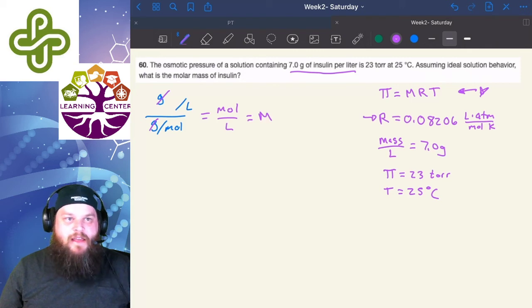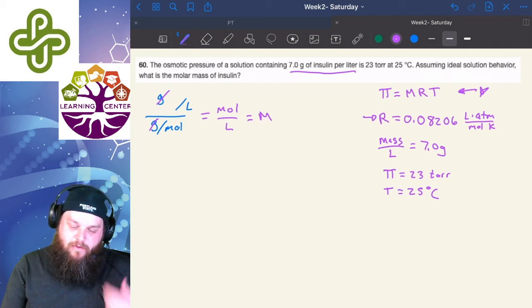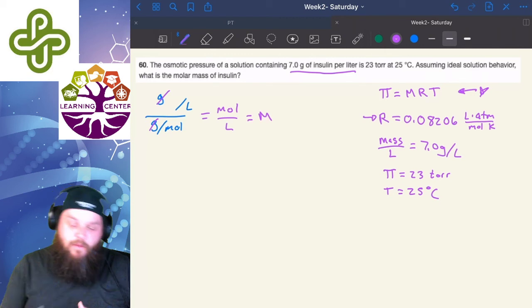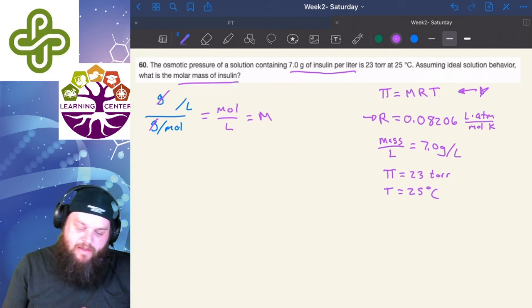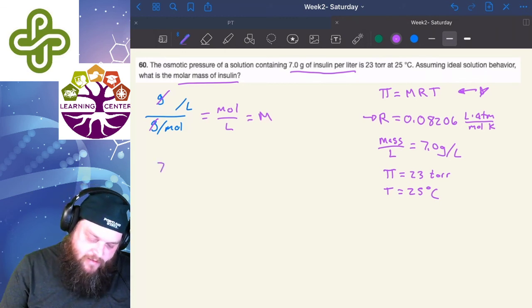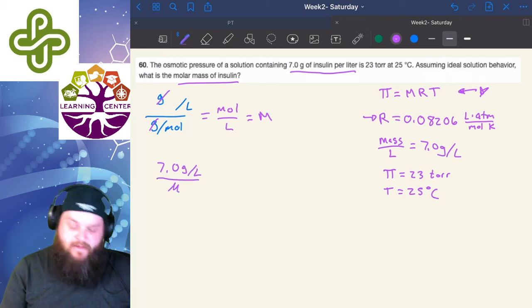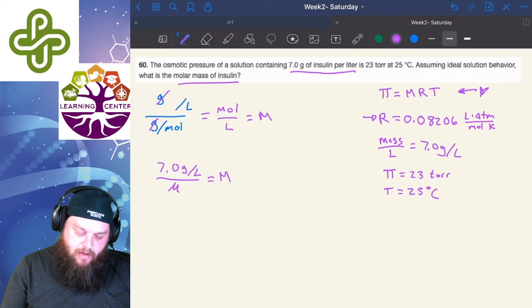So I can take this 7.0 grams per liter and divide that by the molecular weight of the insulin to find that. And that's what we need to find, though. So I'm just going to write that in as a funky little m there. So 7.0 grams per liter divided by my molar mass is going to equal molarity.